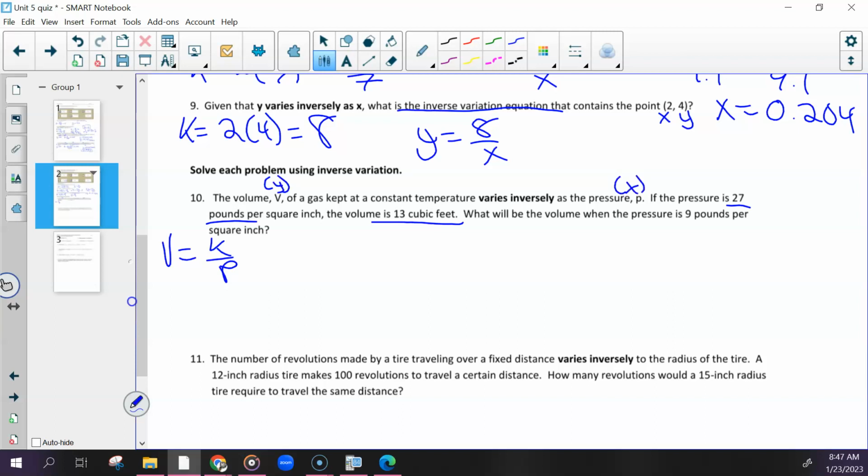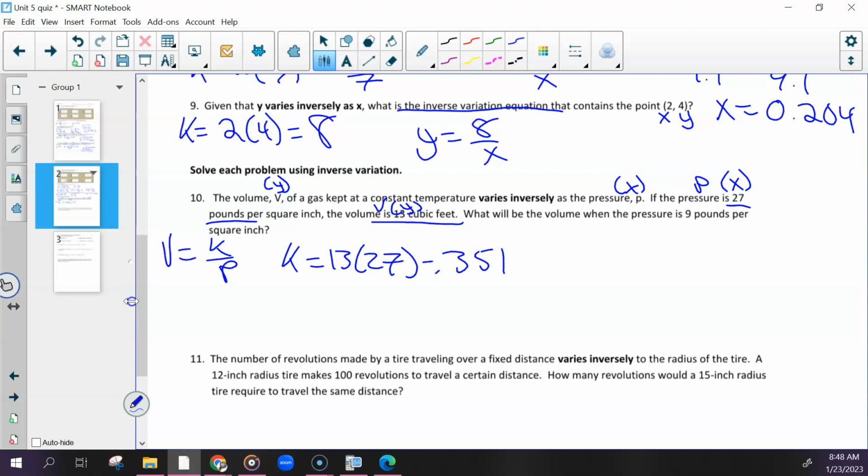So 27 pounds, the pressure would be your p or x. And this would be your v or y. So multiply those together. So 13 and 27, and 351 should have been your k value.